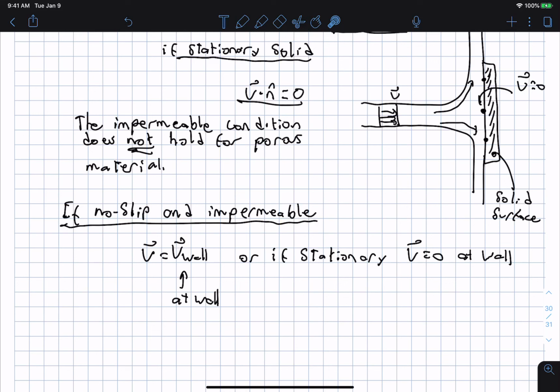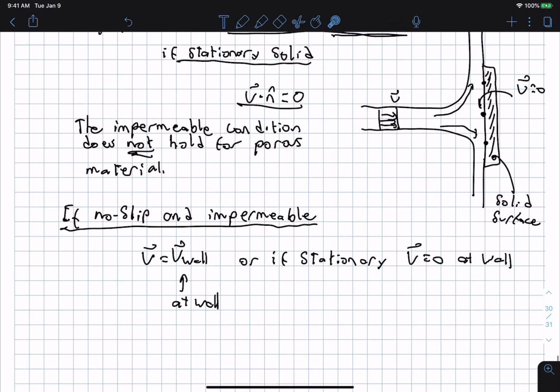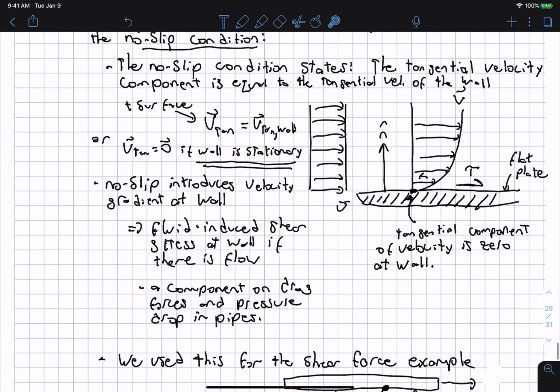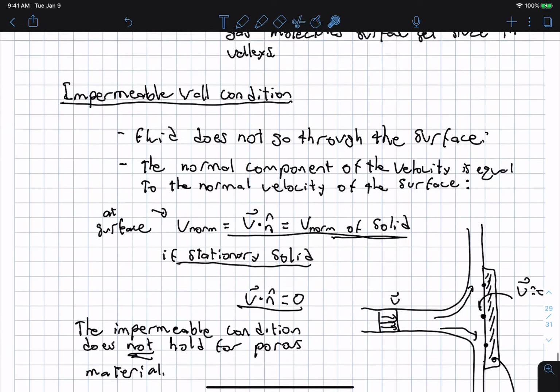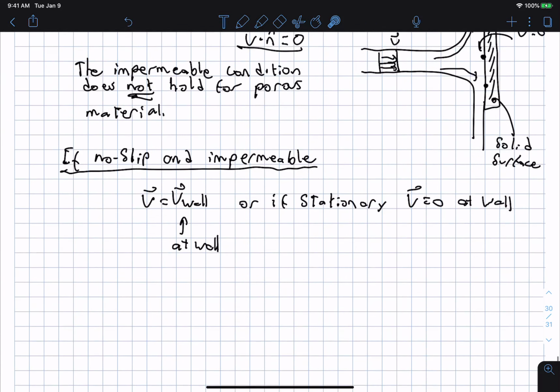The impermeable wall condition states that the normal component is 0 if the wall is stationary, and the no slip condition states that the tangential component of the velocity is 0 at the wall. If you add them both up, the total velocity is 0 at the wall, if the wall is stationary and both conditions hold.